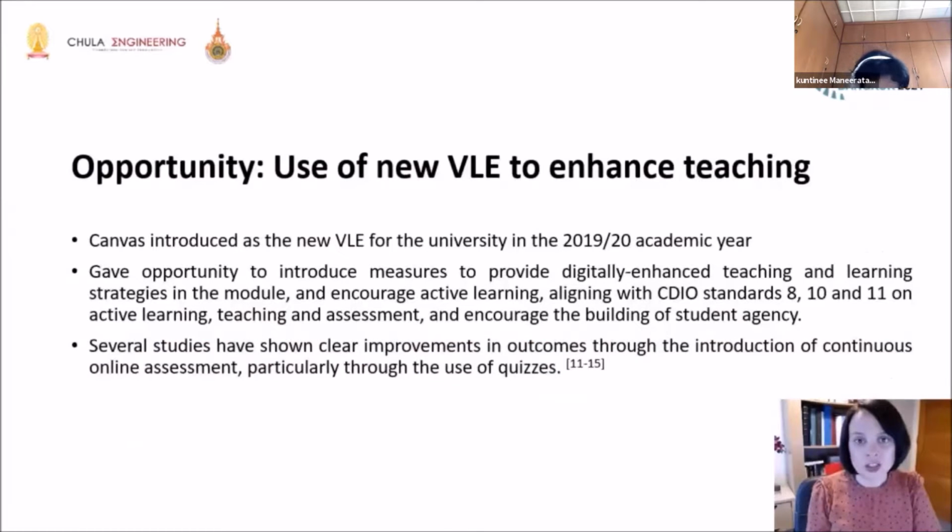When a new virtual learning environment was rolled out across the university in 2019, we saw this as a great opportunity to try and digitally enhance some of the teaching and learning, so that students had more opportunities for active learning, for managing their own learning at their own pace, and also to provide them with feedback. And lots of studies have shown that continuous online assessment can be beneficial for improving summative results later on.